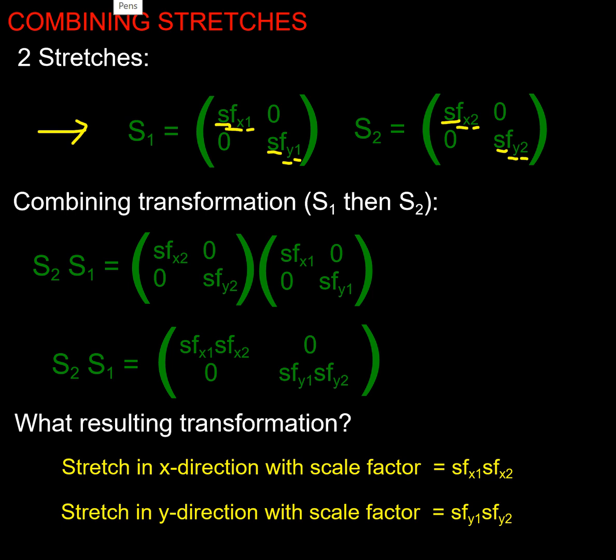Well, that's a stretch matrix still, isn't it? And what is the stretch? Well, in the x direction, it's got the product of the scale factors in the x direction, and in the y direction it's also a stretch, and it's got the product of the scale factors in the y direction, which all makes sense, doesn't it? If I do a stretch and I do another stretch, then I'm effectively going to multiply up the scale factors.